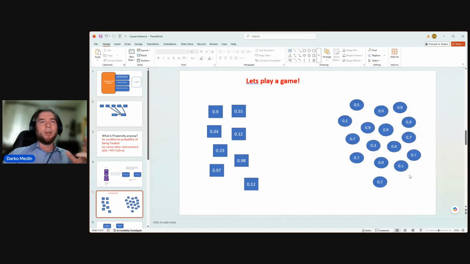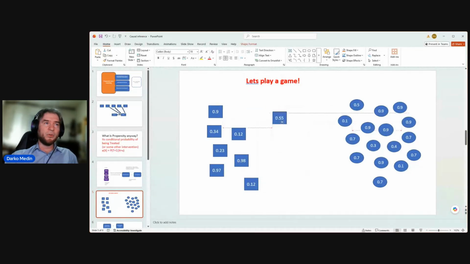And they all have their propensity calculated. So now we can play a game. How do we match them? Well, let's say I want to match this patient with propensity of 0.55 with another patient, and I will search for the closest match, which in this case is 0.5.